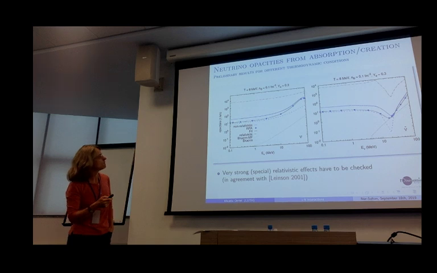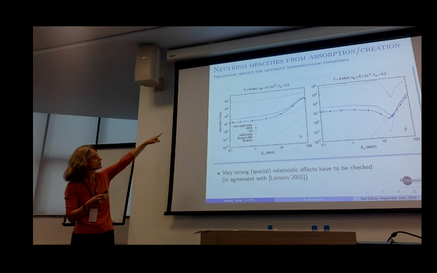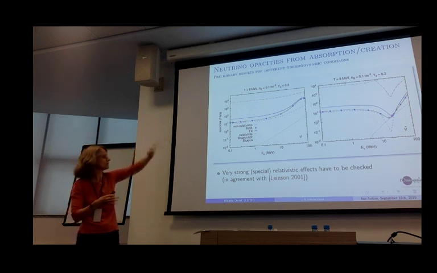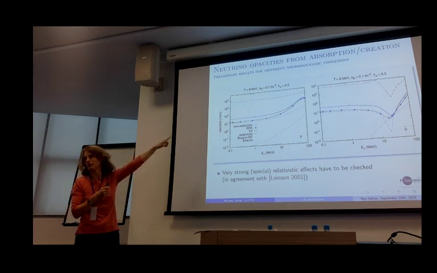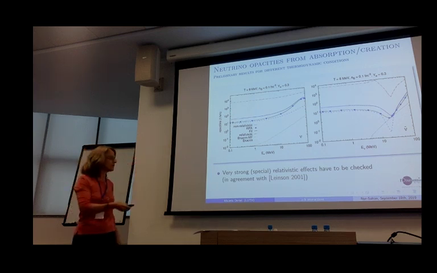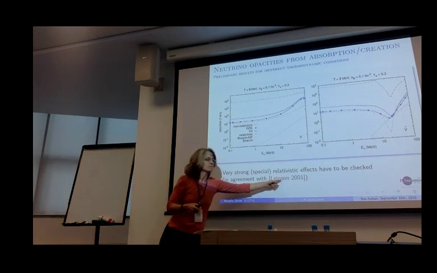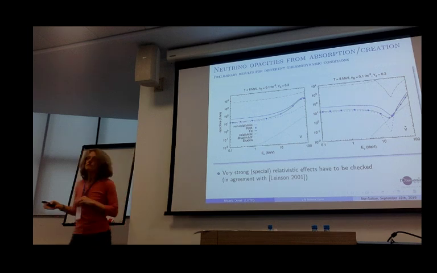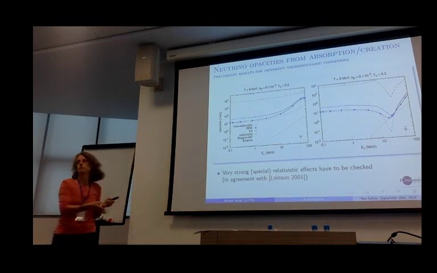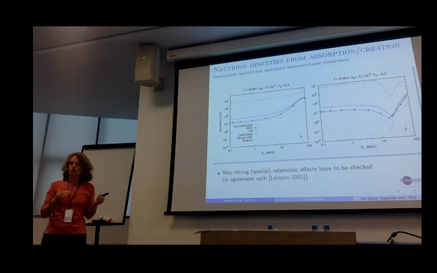What I said before, I will say a word about this relativistic effect. Here you see very strong special relativistic effects on the phase space. I should check, because for me this is too big an effect just from special relativistic treatment. They are in agreement with this paper, but in this paper they said it's because it uses a relativistic mean field equation of state and gets very low effective masses, of the order of just 50-100 MeV.